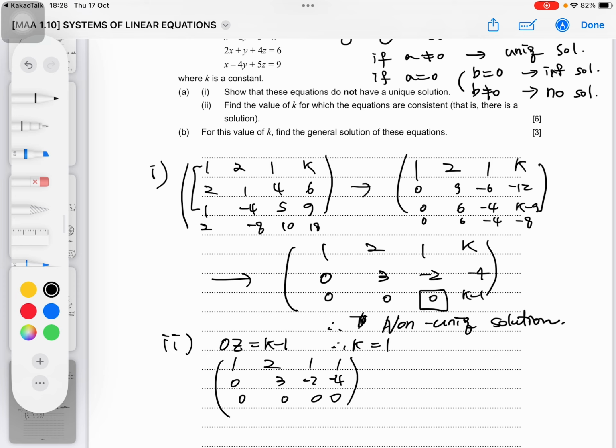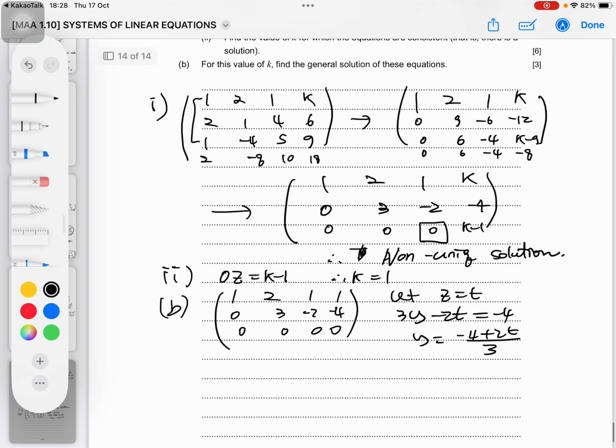So now I'm solving for number B. Start from the second row and let z equal t. 3y minus 2t equals negative 4. Y is negative 4 plus 2t over 3. And x plus 2y plus z equals 1.